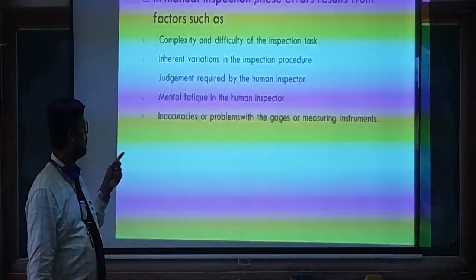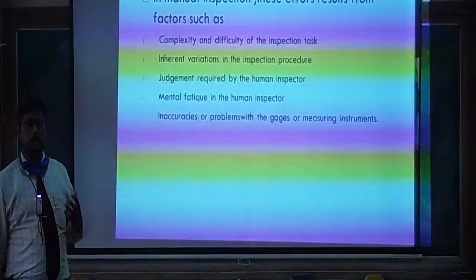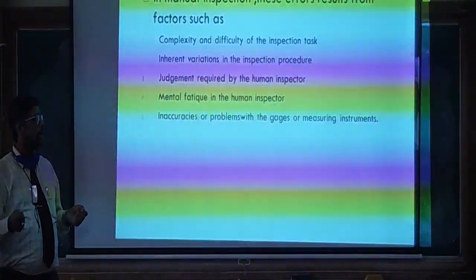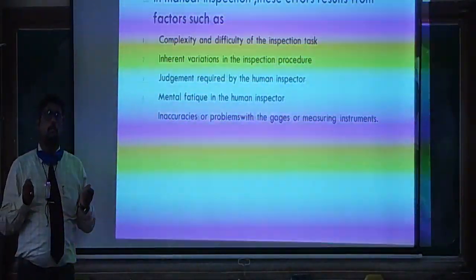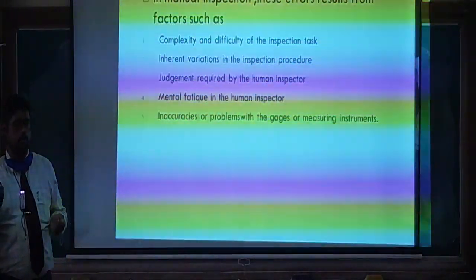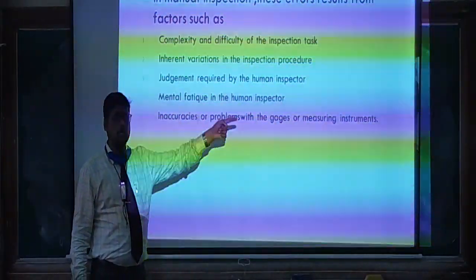If it is not calibrated, then the inaccuracies or problems with the gauges will come, and cumulatively the error is added. Though the component is good, we are rejecting that component, that is a type 1 error. So that is inaccuracies or problems with the gauges or measuring instruments.